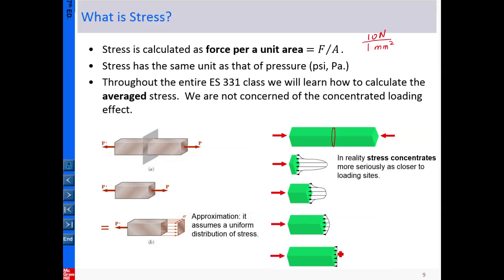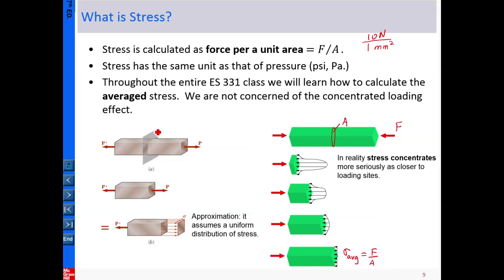As a first class, we just want to learn how to calculate roughly the average stress. Basically, whatever force F we apply, divided by the cross-sectional area A, this average stress is simply F divided by A. We use the symbol sigma for stress.